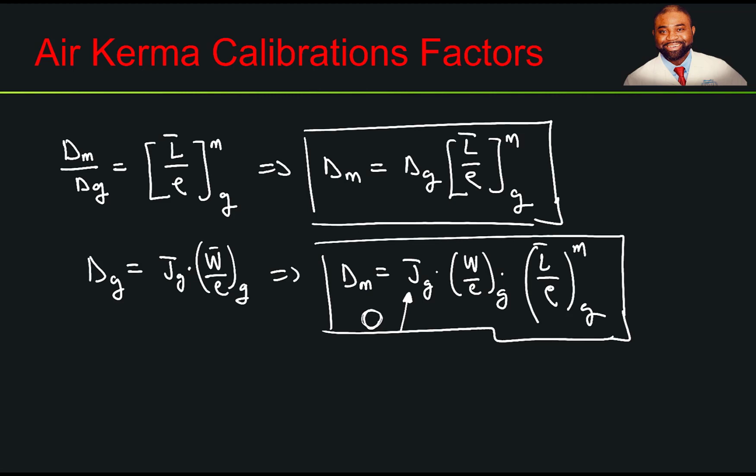We have looked at the Bragg-Gray cavity theorem and the Spencer-Attix theorem, and we have seen that the Spencer-Attix theorem essentially tells us that the ratio of the doses between two media, the medium and the gas, is equal to the ratio of the restricted mass collision stopping powers. And through these, we can link the dose in the medium to the dose in gas.